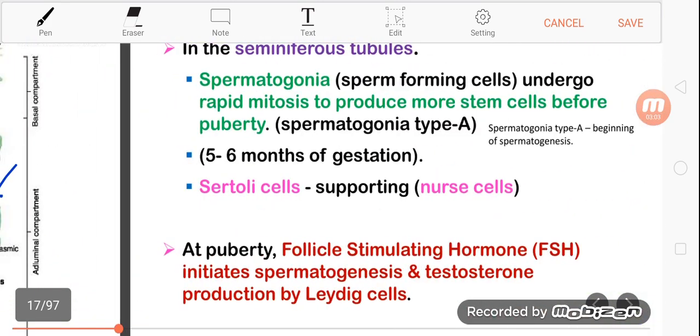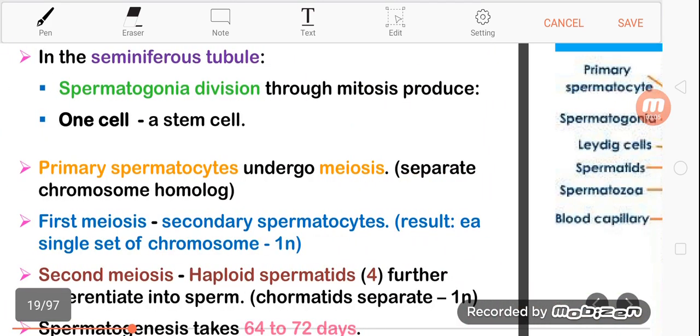During meiotic division 1, there is separation of chromosome homologues. Completion of meiotic division 1 results in 2 daughter cells having a haploid set of chromosomes.